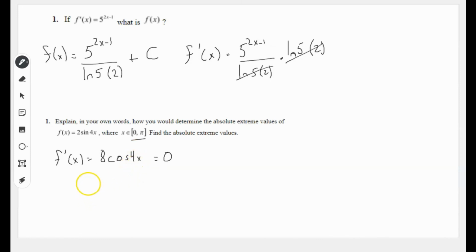Well, if x equals pi over 8, pi over 8 times 4 is pi over 2. So that's going to give us our first 0 value. Okay, the next one, 3 pi over 8. 3 pi over 8 times 4, right, is going to give us 3 pi over 2. Right? That's also where cos equals 0, right?